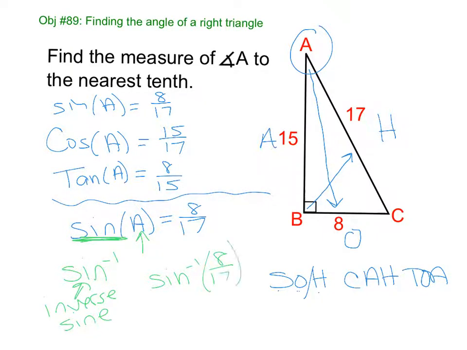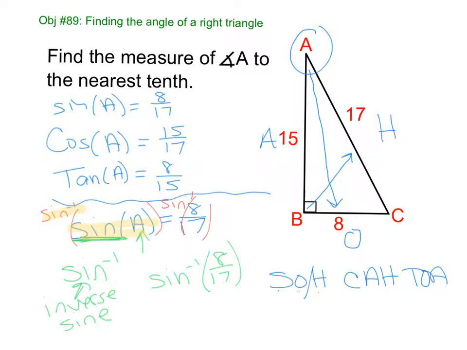What we're technically doing is sine minus 1 on both sides, because the sine and the inverse sine undo each other, right? They're inverses. So the sines end up undoing each other, and we just get left with angle A.